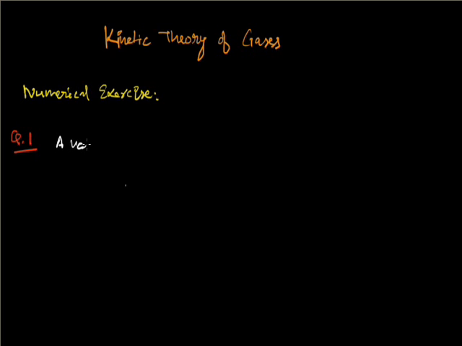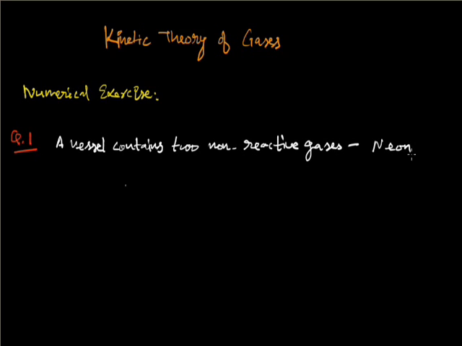A vessel contains two non-reactive gases. The gases are neon, that is a monatomic gas, and another is oxygen, that is a diatomic gas.